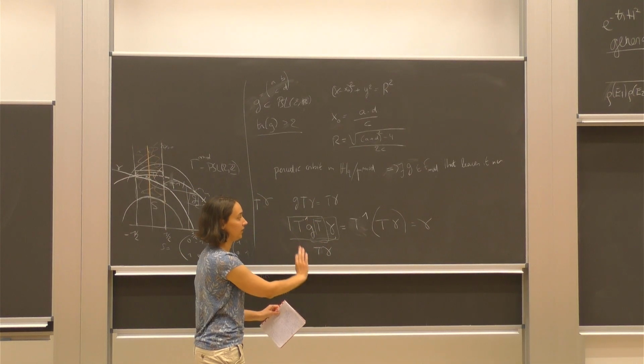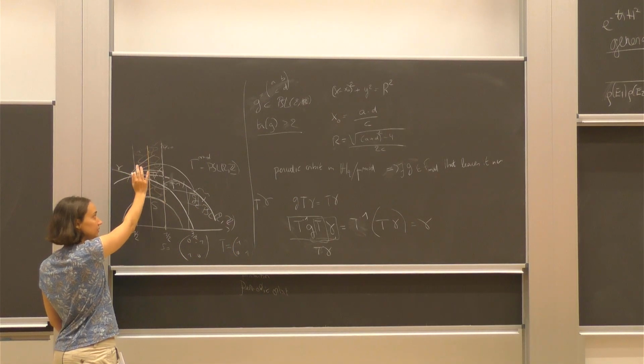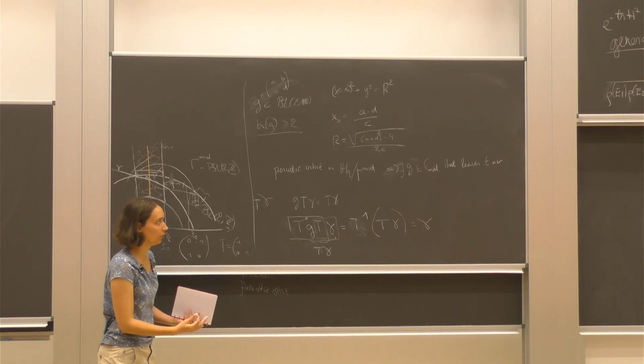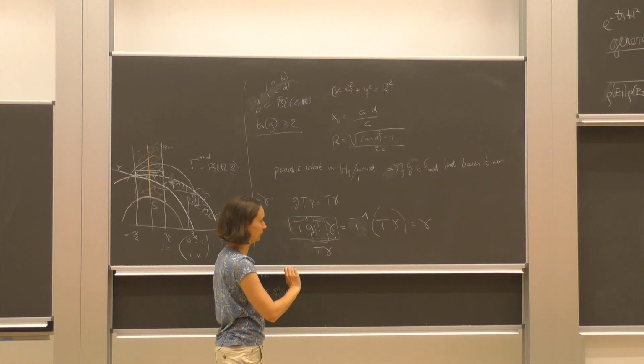So this shows that for a given periodic orbit inside the modular domain, there are actually many matrices that correspond to that geodesic.